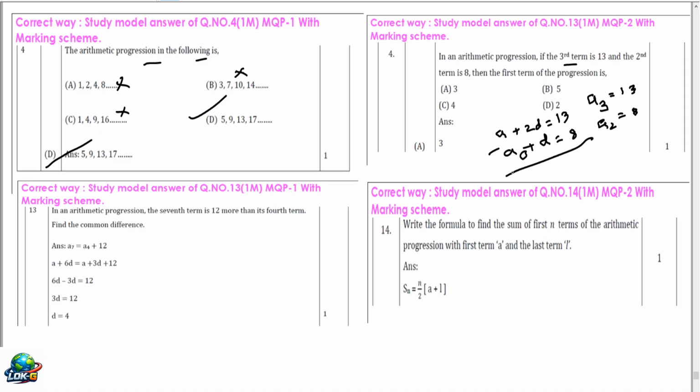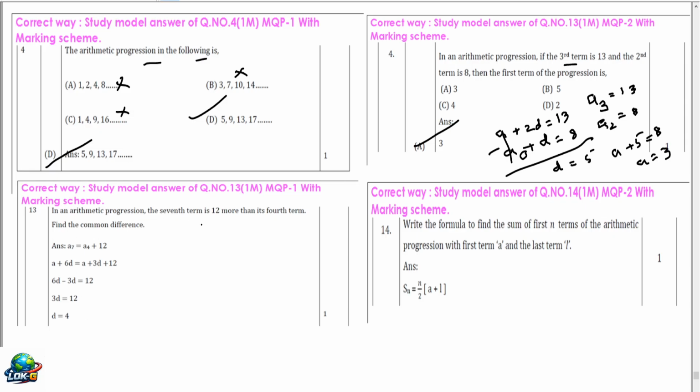You can cancel it. You will get 2D minus D is D, which is equal to 13 minus 8, that is 5. Put D is equal to 5 in the second equation: A plus 5 is equal to 8. You will get A is equal to 8 minus 5, which is 3. Correct answer is A is equal to 3.